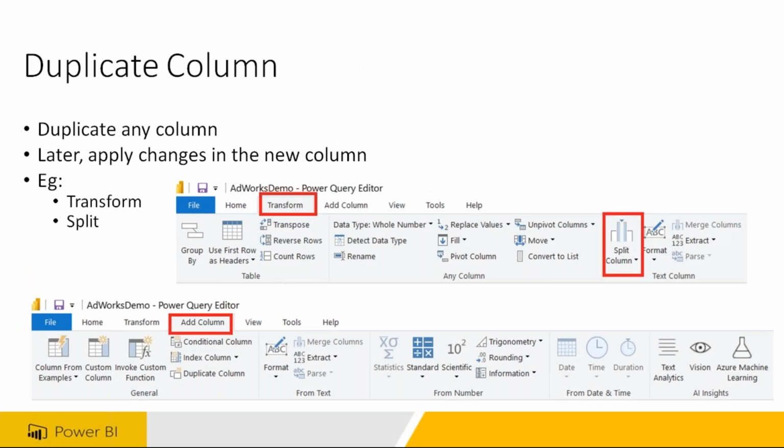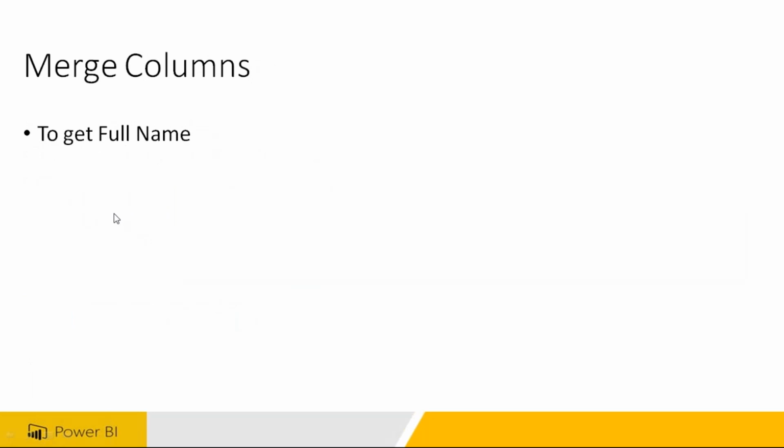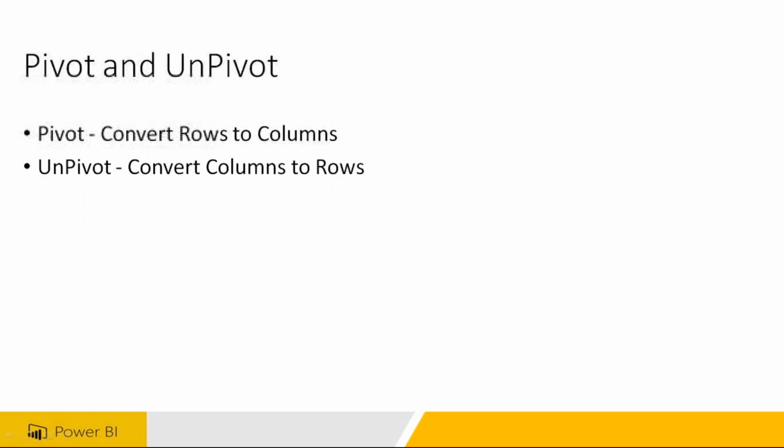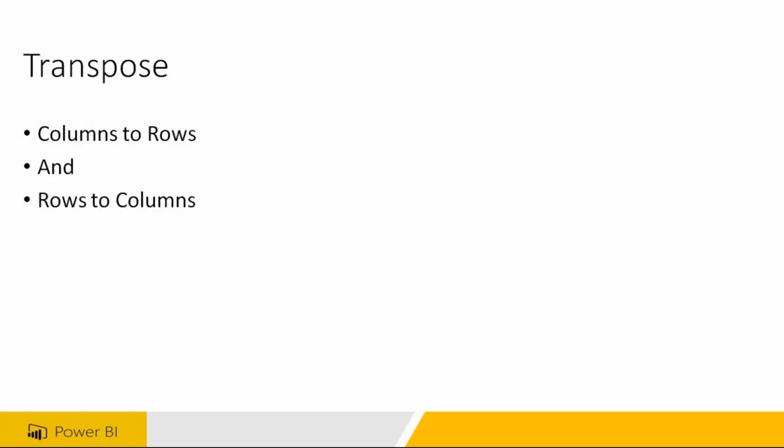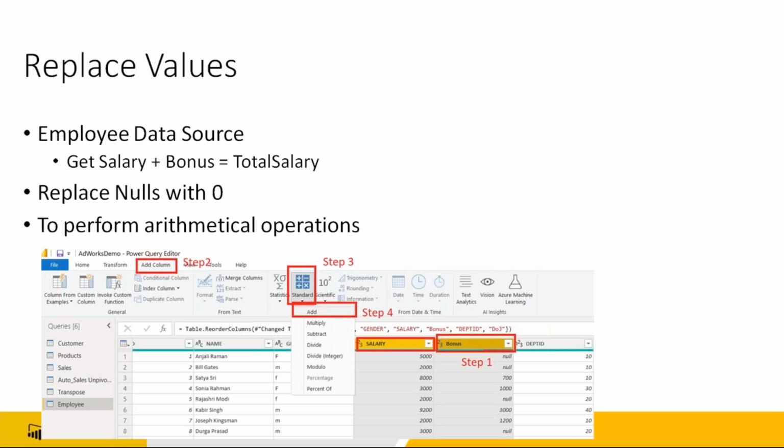Clear? If you want a duplicate column, you should be able to duplicate the column. If you wanted to transform or split, whatever you would like, that can be done. Clear? To get full name, we had worked with this, and tomorrow we're going to work on pivot and unpivot, and we'll see transpose data and other things. Clear?